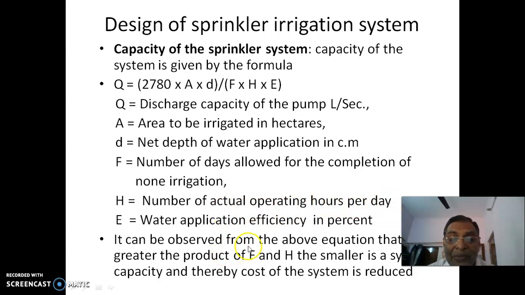So if you increase F and H, then Q will automatically be smaller. Greater the product of F and H, smaller is the system. Q is inversely proportional to the product of F and H. So you can play between these two parameters and see that it is reduced.